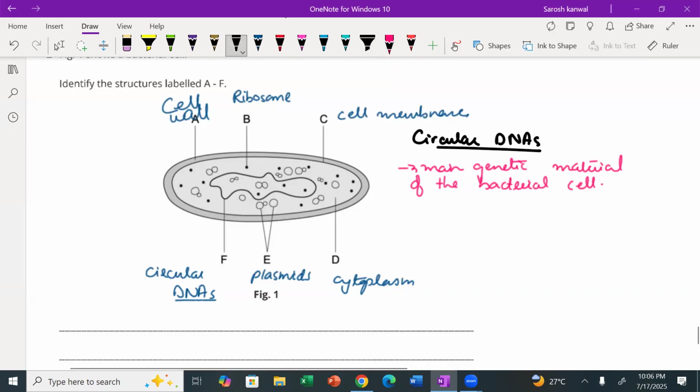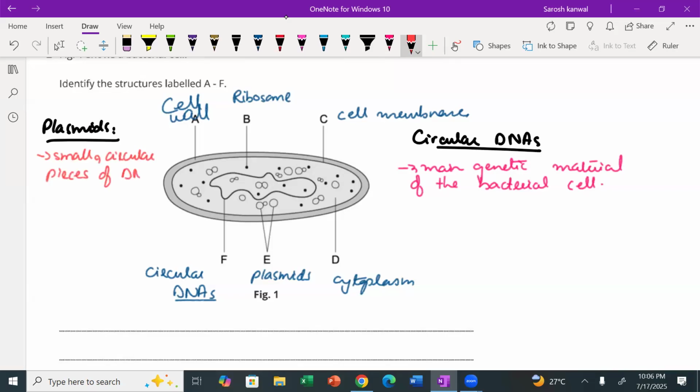While the plasmids are small circular pieces of DNA, not the whole DNA, right? They are circular pieces of DNA that are separate from the main chromosome.